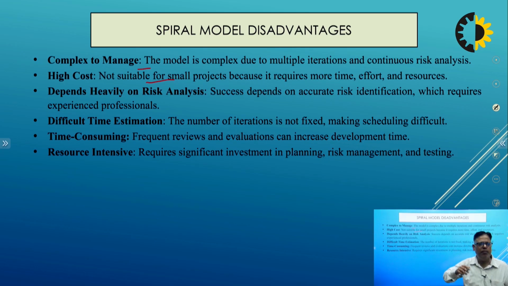We have to use the first iteration, then the second iteration, and if we use more and more iterations, it increases the cost of software development. It depends heavily on risk analysis. It is difficult to estimate the time because the time fully depends on customer satisfaction. It is time consuming and resource intensive. These are some disadvantages of the spiral model.